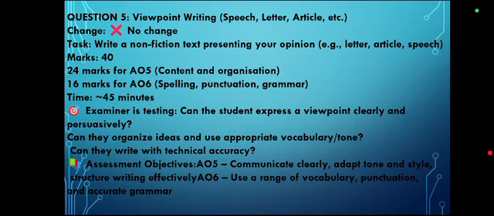For AO5, they test your ability to communicate clearly and adapt tone and style. For AO6, they test your range of vocabulary, correct use of punctuation, and accurate grammar.